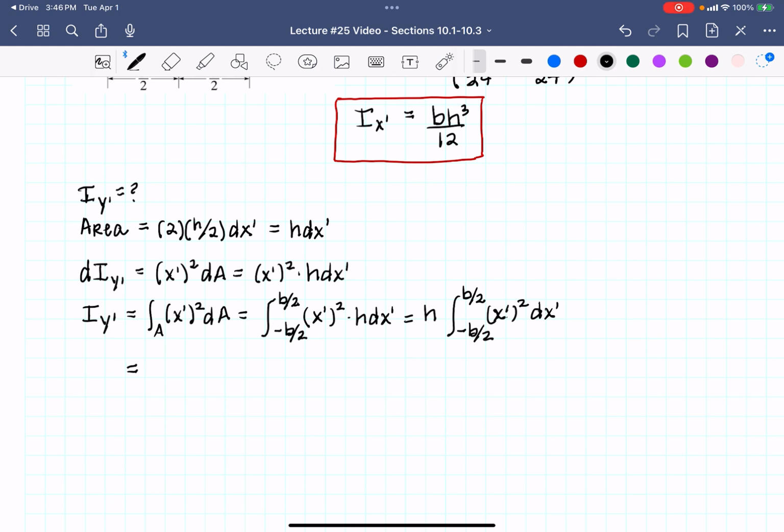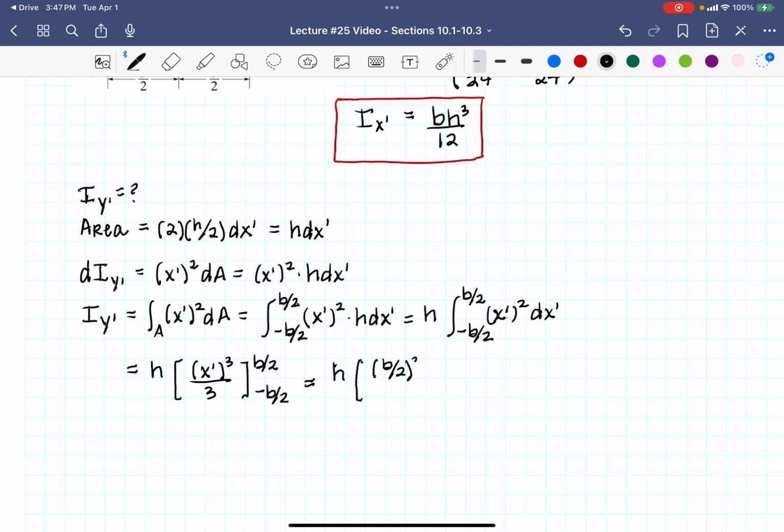which is going to be h times x' cubed over 3 from negative b over 2 to positive b over 2, which means it's going to be h times b over 2 cubed over 3 minus negative b over 2 cubed over 3, which is going to end up giving me h times b cubed over 24 plus b cubed over 24.